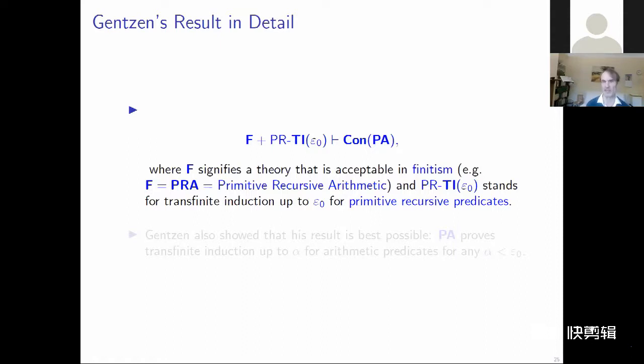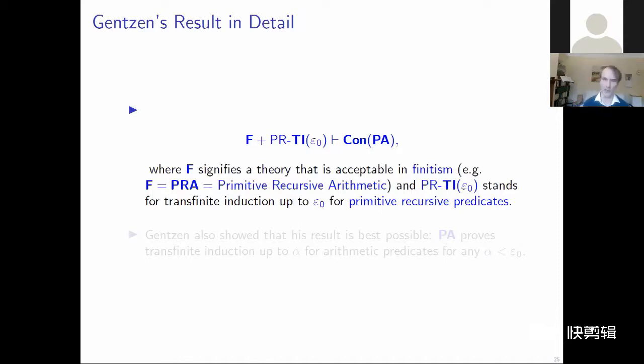And another part where Gentzen used the transfinite induction, PR-TI up to epsilon 0, TI standing for transfinite induction, and PR standing for primitive recursive. So it's primitive recursive transfinite induction. And from these two ingredients, one deduces the consistency of PA.